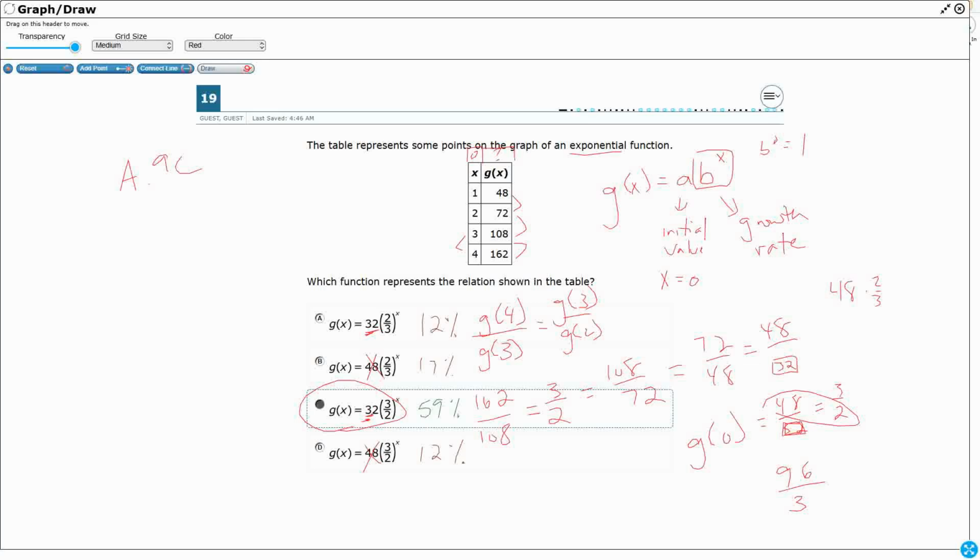You either knew it or you were guessing, most likely, because the answers were very similar with the 48 and the 32, and then your growth factor of 3 over 2 or your decay rate of 2 over 3. So this was 59%, and this was our 19th easiest, or tied for our 19th easiest item on the test.